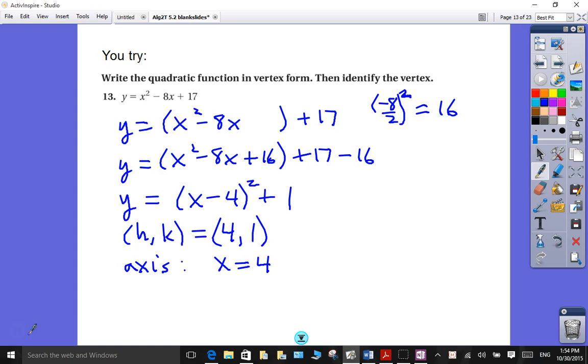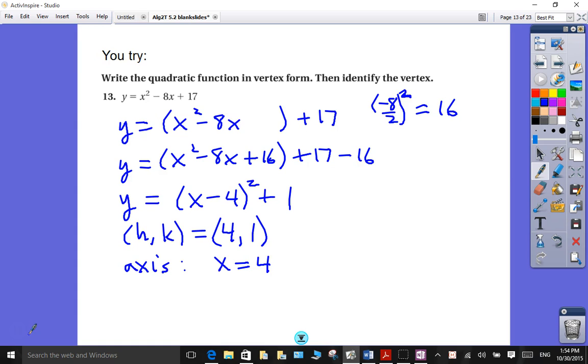Okay, remember the process. You're completing the square on the first two terms, the quadratic and linear terms. So I put those two in parentheses and leave a space because I know I'm going to add a constant, and I leave the plus 17 outside the parentheses. How do I calculate the number that completes the square?